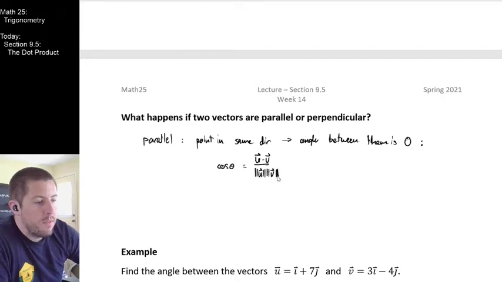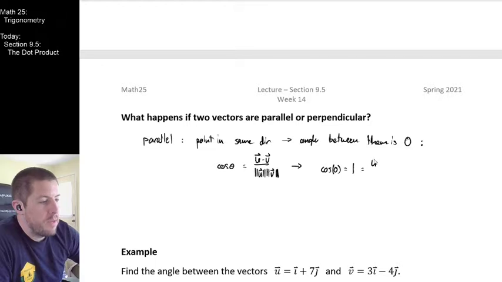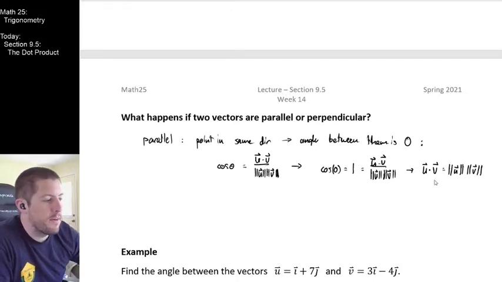And so what I'm knowing here is that the angle between them must be 0. I know that the cosine of 0 is 1, and that should be u dotted with v over the magnitude of u times the magnitude of v. And therefore, it seems to me like u dotted with v is equal to the magnitude of u times the magnitude of v in the event that those two vectors are parallel with one another.